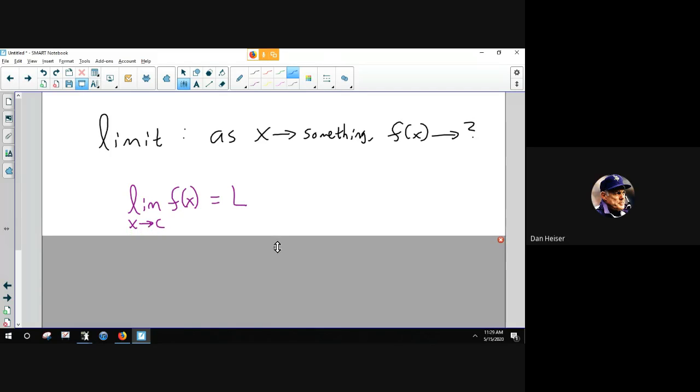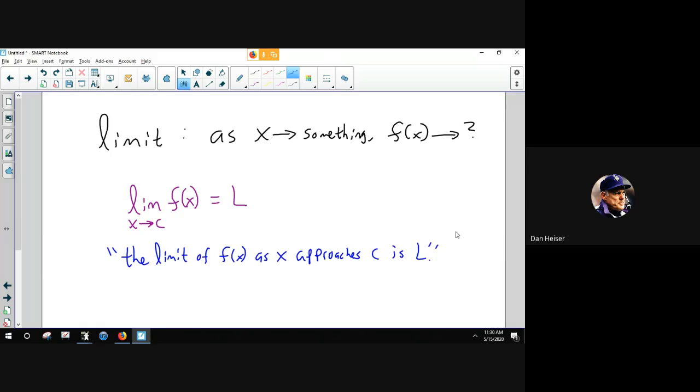This is some notation. So we see this lim. Underneath it, we see x arrow c, we have f of x, and we have this equals L. And here's what that means. The limit of f of x as x approaches c is equal to L. We call the limit value L, capital L. X approaches c.